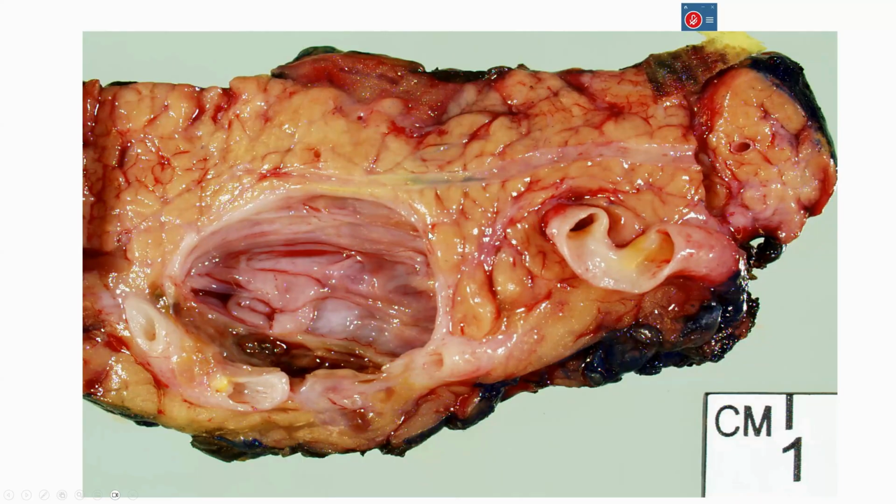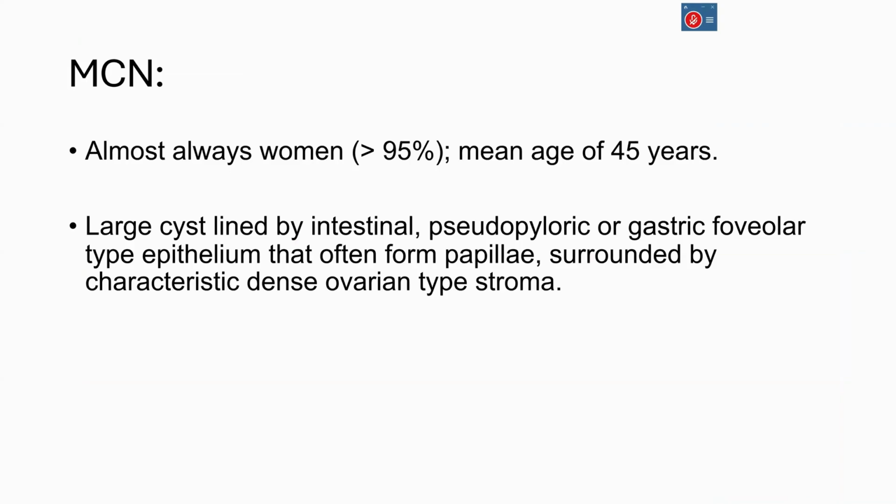This is a macro picture of an MCN, a cystic neoplasm. It doesn't have any solid component, and the main branch duct is normal.